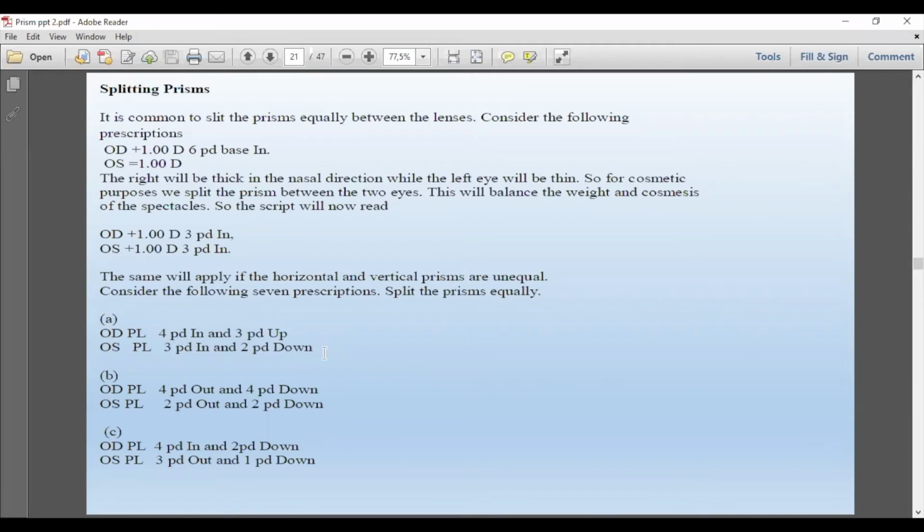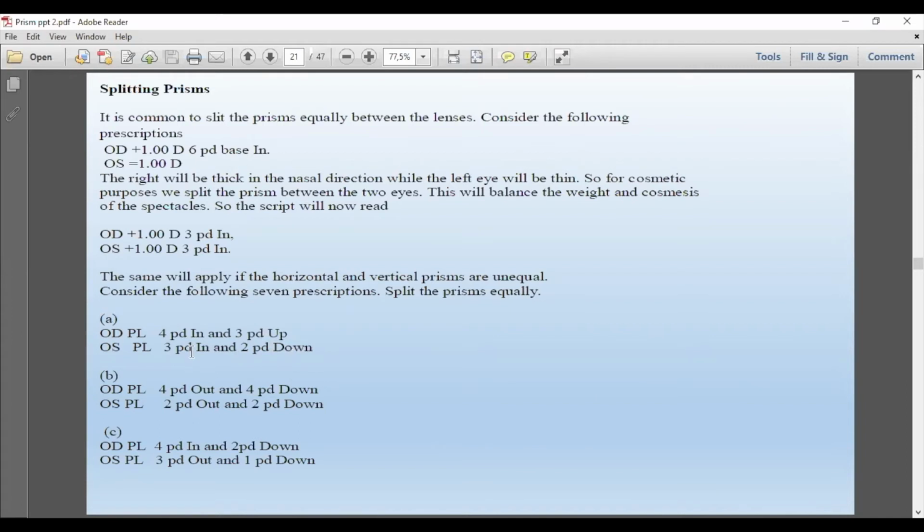Your total is going to be 5. So total here we're going to subtract. So what we have over here, we've got 5 up total, and over here we've got 7 in total.